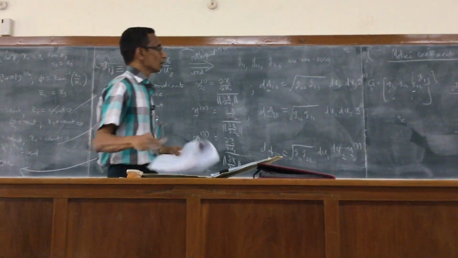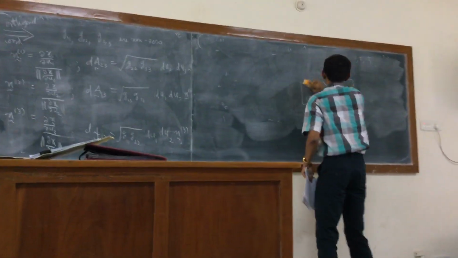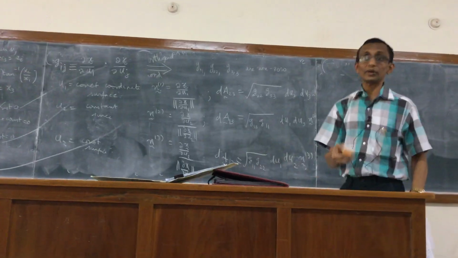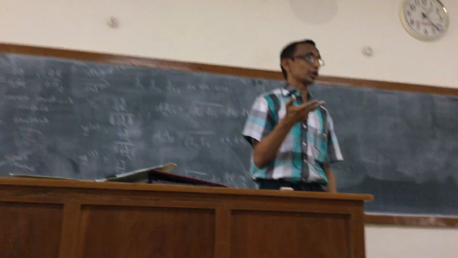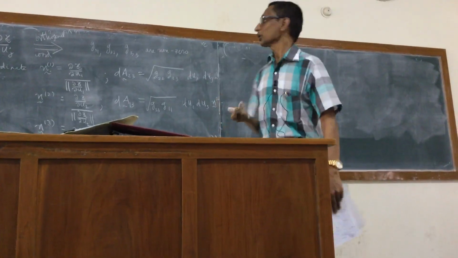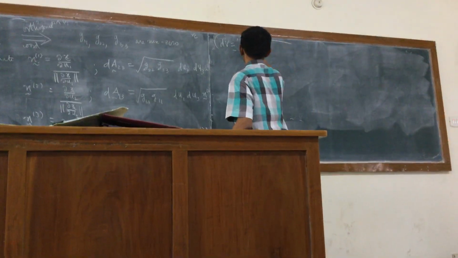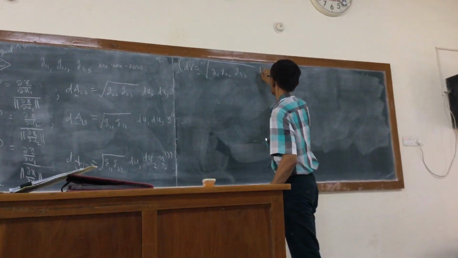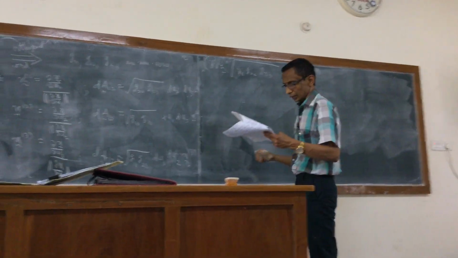Similarly, what about the volume element? If I want to calculate the body force, I need to integrate over the volume. Then dV is simply given by square root of g11 g22 g33 du1 du2 du3. Similarly, you can also see how the line elements transform.